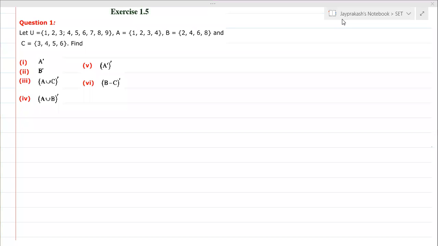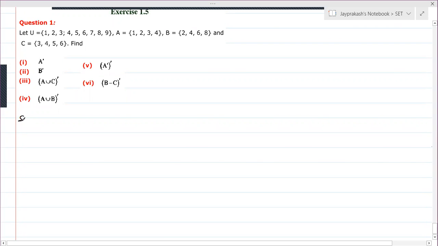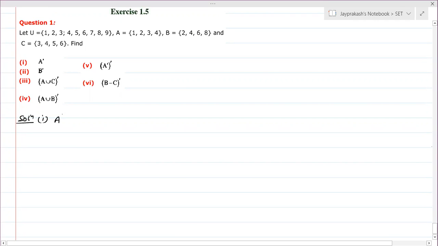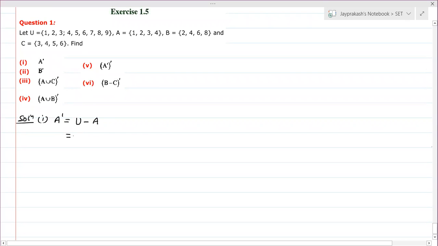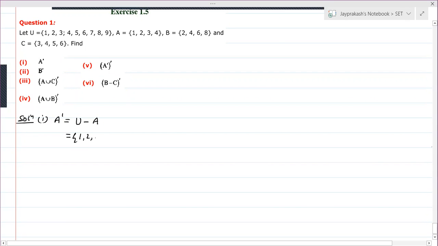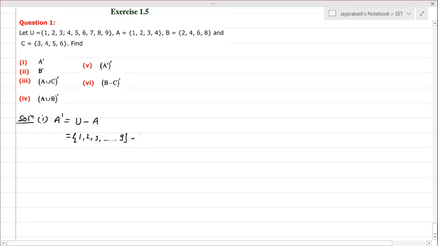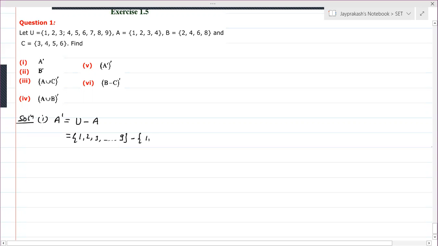So in exercise 1.5, we are given the universal set U, and sets A, B, and C. In the first question, we need to find A complement. As we have already discussed, A complement is equal to U minus A. So U contains 1, 2, 3 till 9, and we have to subtract the elements of set A, that is 1, 2, 3, 4.